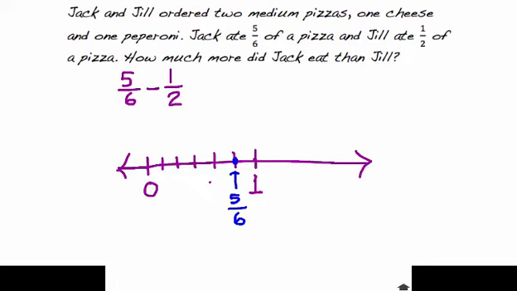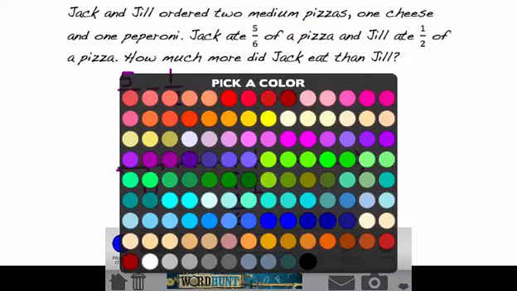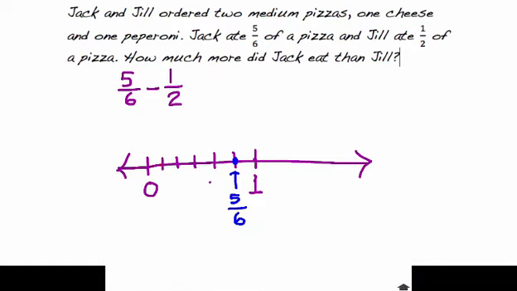So remember that also we know that half of my whole would be 3 units. I'm going to change colors again. So to take away 1/2, we'll count out half of my whole unit. So that takes me to 1, 2, 3, and I'm now halfway to 1. Here is where my 1/2 would fall on my number line.